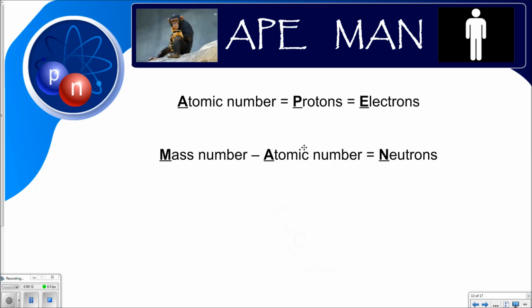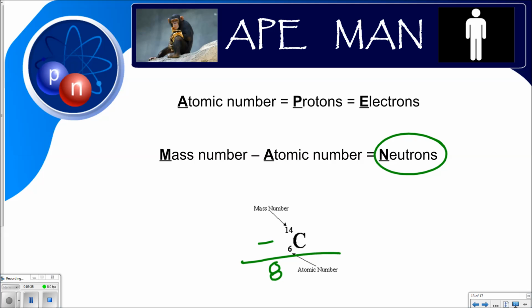Your atomic number is going to be equal to the number of protons, which is equal to the number of electrons, as long as it's a neutral atom. Man is mass number minus atomic number equals the number of neutrons. Especially if you have this written out in isotope notation, it's really helpful because mass number's on top, atomic number's on bottom. So when you subtract, you automatically get the number of neutrons. So this form of carbon, carbon 14, would have 8 neutrons.